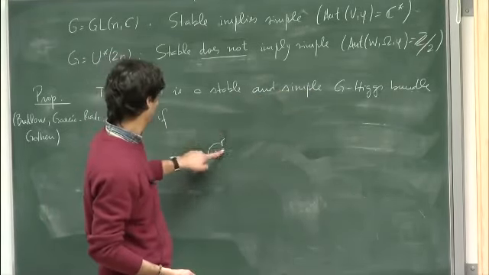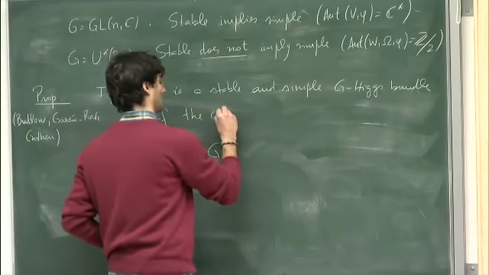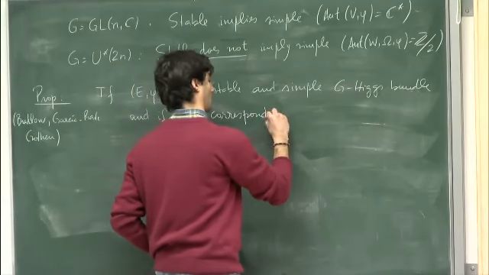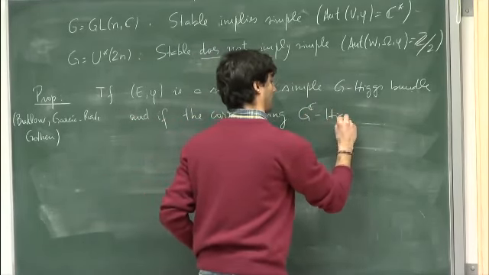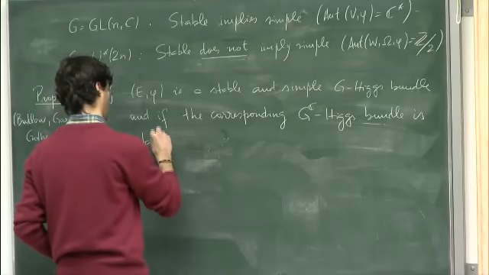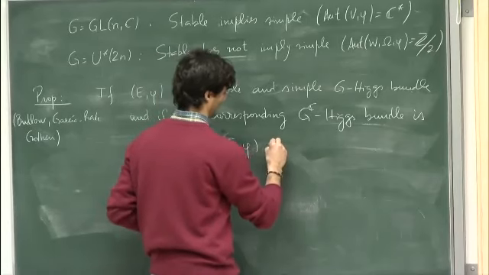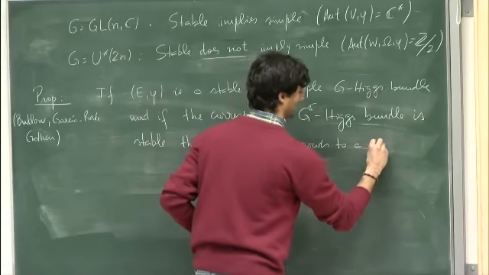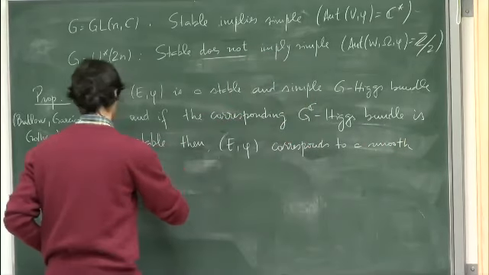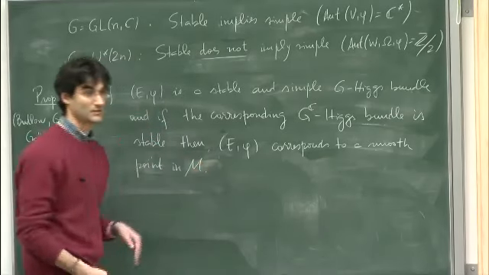So if (E, phi) is a Higgs bundle, and if the corresponding GC Higgs bundle is stable, then (E, phi) corresponds to a smooth point in N. Okay.